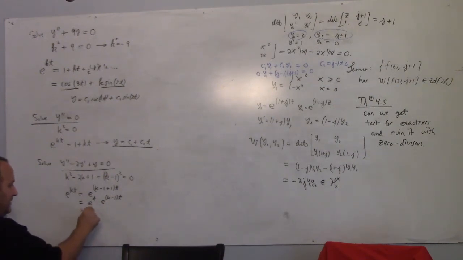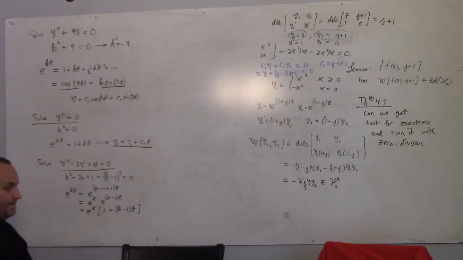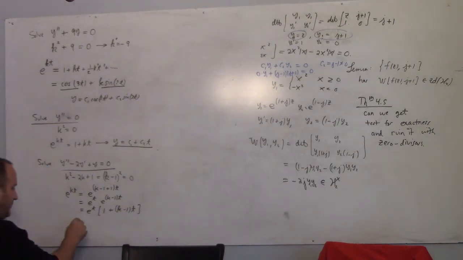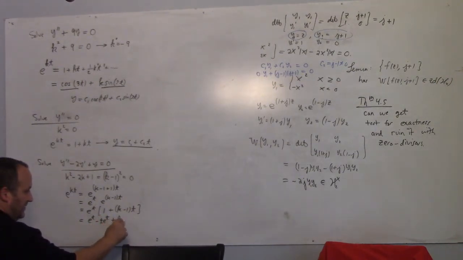So this tells me e to the t times 1 and t e to the t. Excuse me, I'll write this one more step here. This is e to the t minus t e to the t plus k times t e to the t.